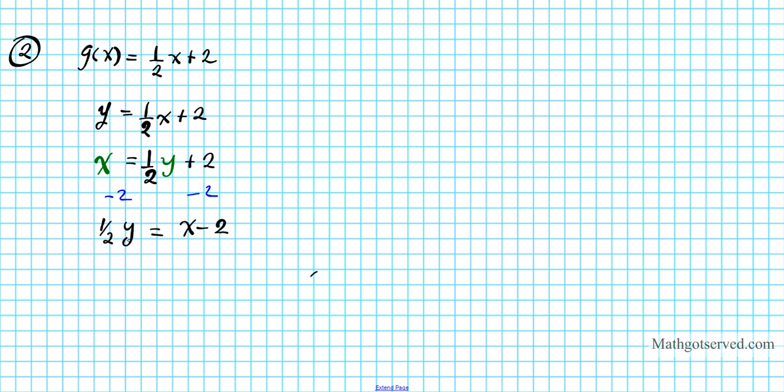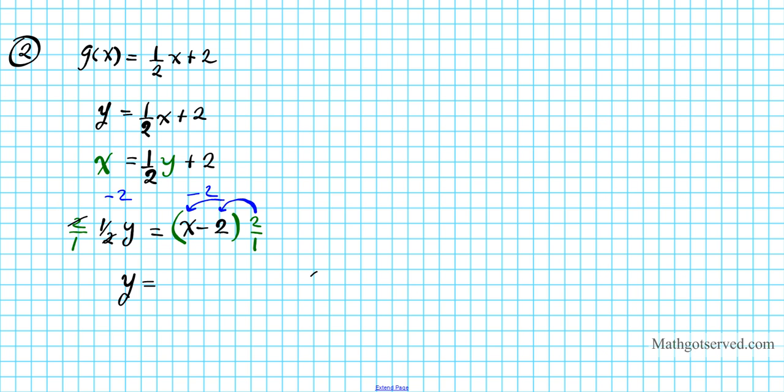And then to get y by itself, I'll multiply both sides by the reciprocal of 1/2. So I'll multiply by 2 over 1, and then multiply this whole expression by 2 over 1. On the right side, these are inverses, so they multiply out to 1. And then over here, we're going to have to distribute 2 over 1 to both terms.